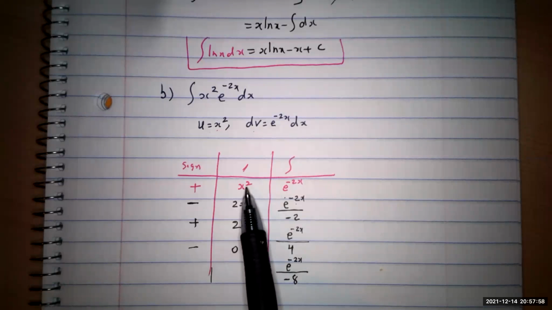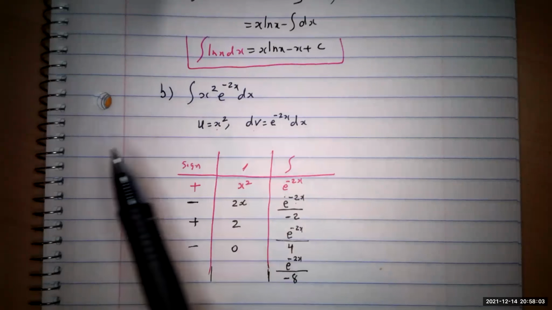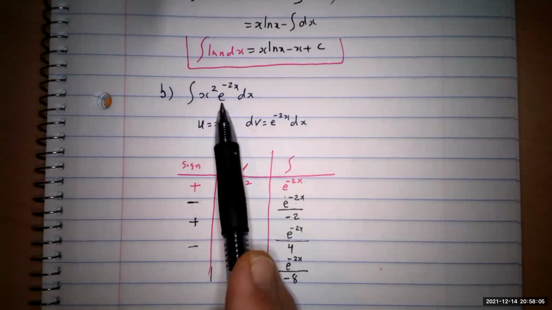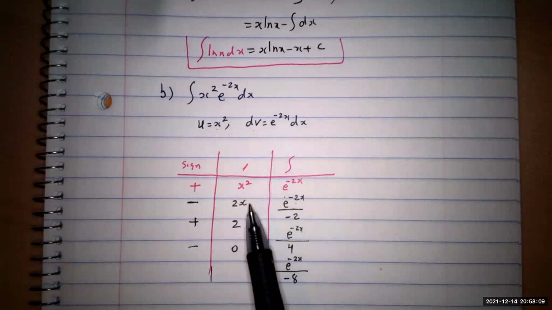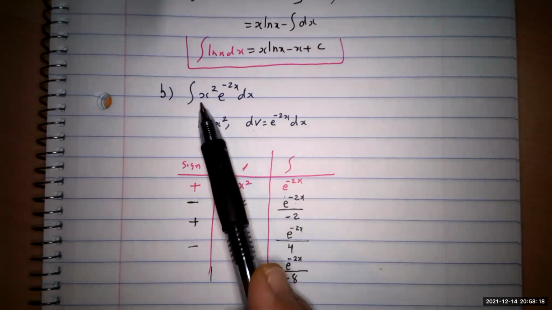So your u must be a power of x, because that gives you x squared, to the 3rd, to the 4th, to the 6th. And the leftover is going to be the exponential function. So in the first column, you put the powers of x so that you will end up somewhere. You see, you get to 0, you stop. That's why you pick this one to be u.